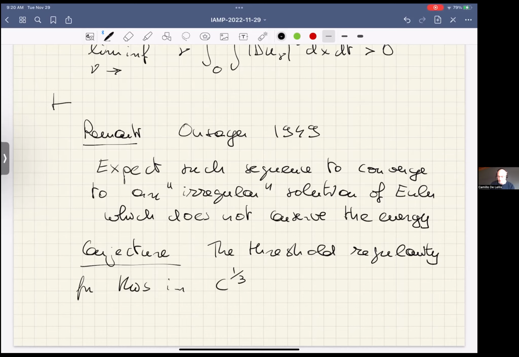And when you're looking at C^{1/3} functions, this means that your limiting velocity is satisfying a continuity assumption of the following type. Okay, and the threshold means at C^{1/3}, it's not completely clear what happens, but say if you are a little bit below C^{1/3}, then there should be dissipation of energy in your weak solution of the Euler equations.